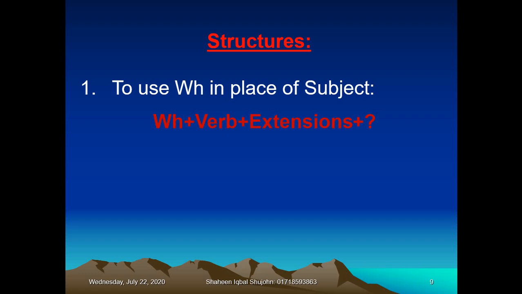We have to use WH instead of the subject, and other parts of the sentence will remain unchanged, and we have to put the note of interrogation at the end of the sentence. WH plus verb plus extensions plus note of interrogation. If we want to make WH questions instead of subject, the subject may be personal or impersonal.